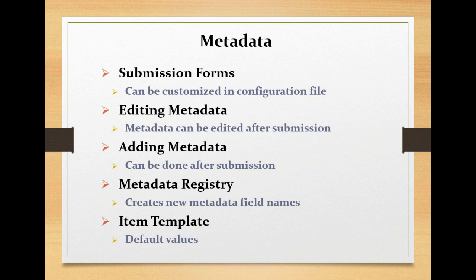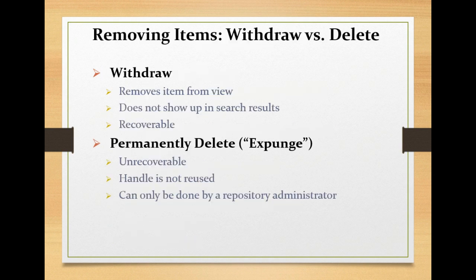DSpace allows you to withdraw or permanently delete a submitted item, but there is a slight difference in both. When we withdraw the item, it removes the item from view, but it will remain in the database and will not be shown to users in search results, and it can be recovered again.